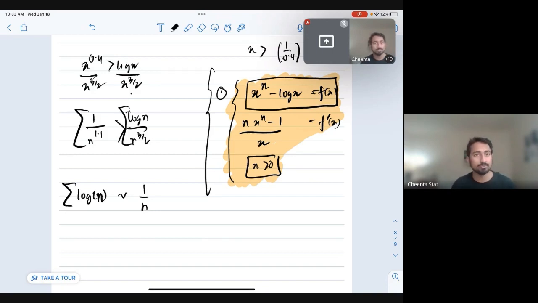That is easy to know, right? Summation of log n is of the order of 1 by n, because if you do integration, log x is 1 by x. So summation of log n is of the order of 1 by n. But what about log x? So you have to know a good bound. So think about that. Okay.